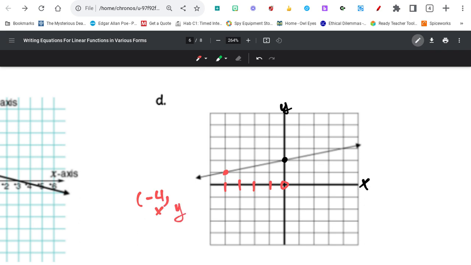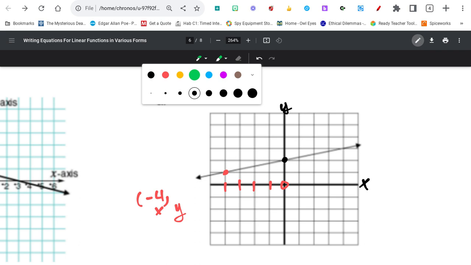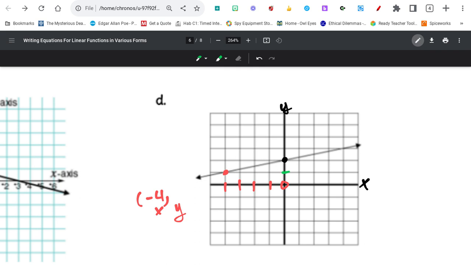And on the y-axis, that means I went up 1 unit to get to it, okay? So that's -4, 1. So I had to go to the left 4, and up 1. Do not get this mixed up with rise, with slope. Slope is rise before run.